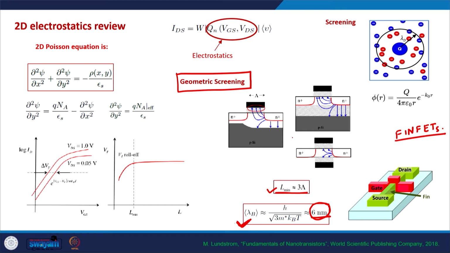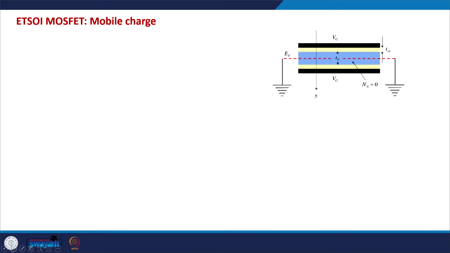First, let's do a bit of analysis of the DG-ETSOI MOSFETs. The DG-ETSOI MOSFET comes from the ETSOI technique. ETSOI means extremely thin silicon on insulator, and in this case the MOSFET looks like this.